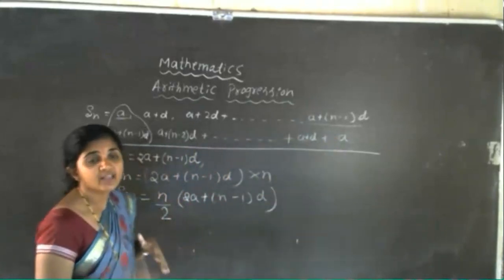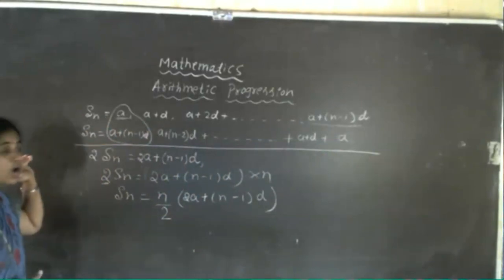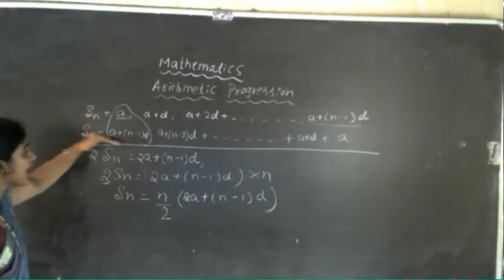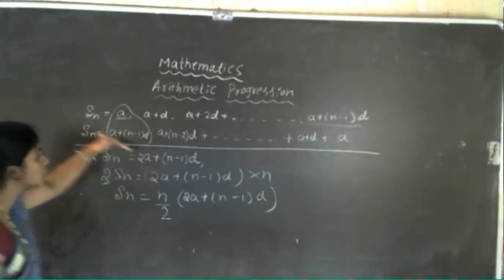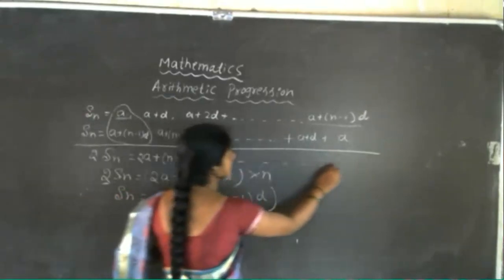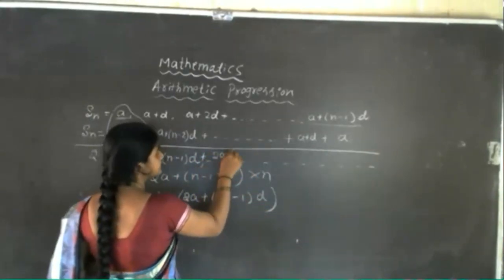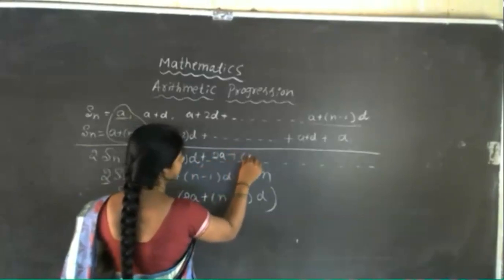Reversing order. Then we have to add both normal order and reversing order. So when we add, 2Sn is equal to 2a plus n minus 1 into d, it continues up to infinity. So here we got 2a plus n minus 1 into d.